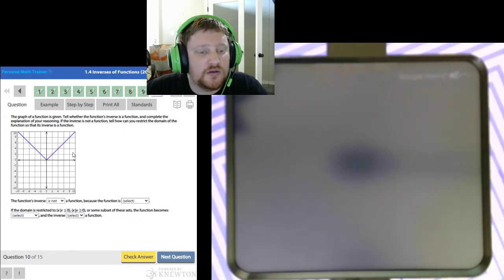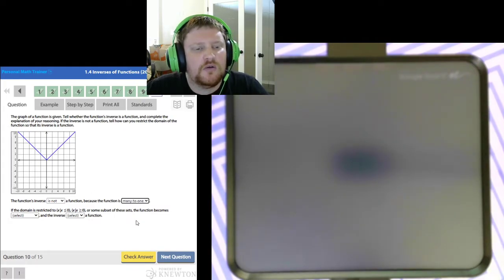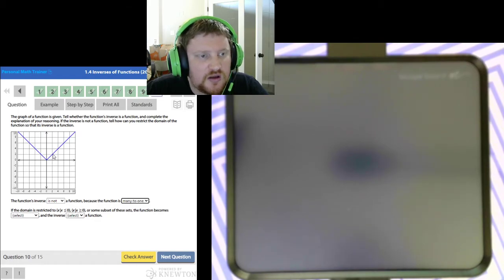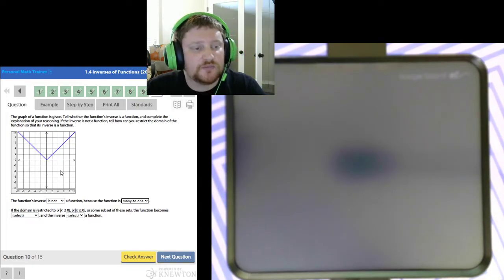many to 1. So you have many things that can go to 1. So both 2 and negative 2 go to 2. 1 to many would mean that the function itself was not a function.